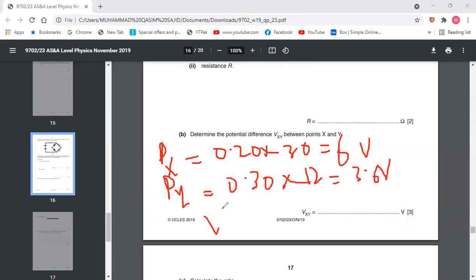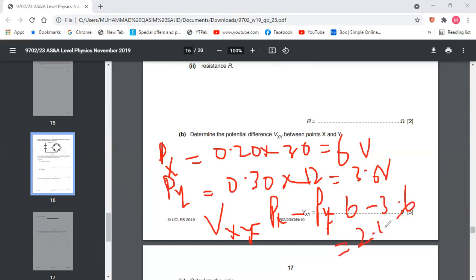So the Vxy, that is the potential difference between X and Y, equals V at X minus V at Y. So this must be 6 minus 3.6, so it must be 2.4 volt. Is this clear? Yes sir, let me copy. Okay.